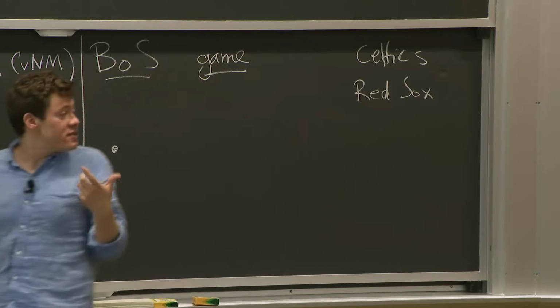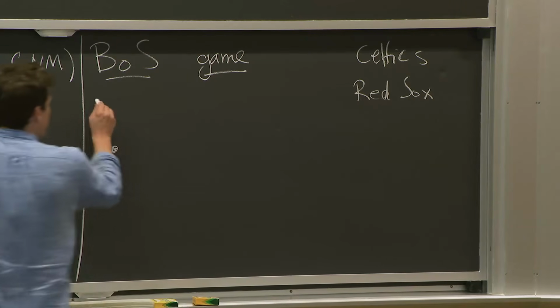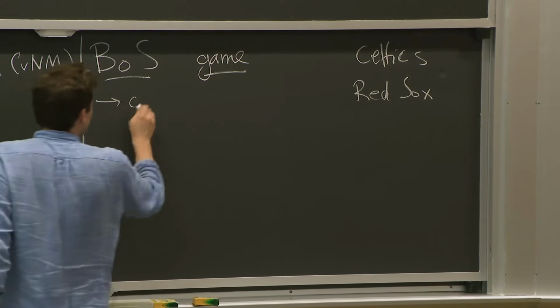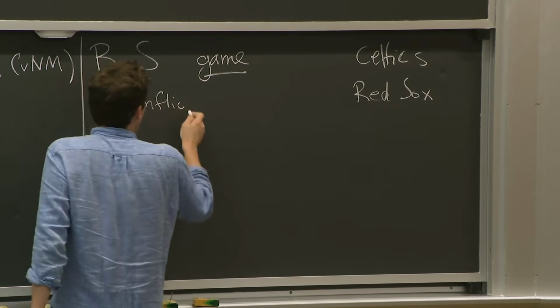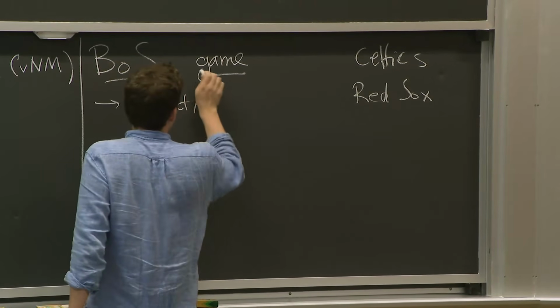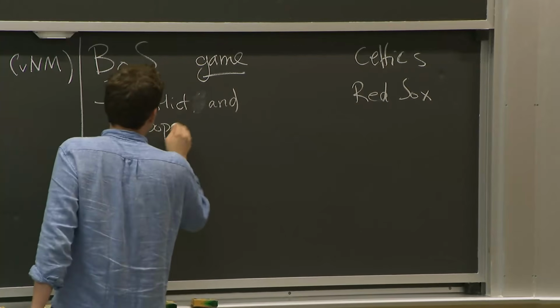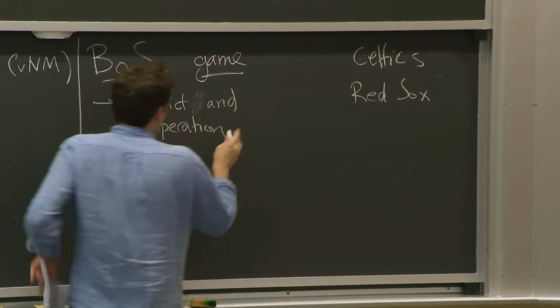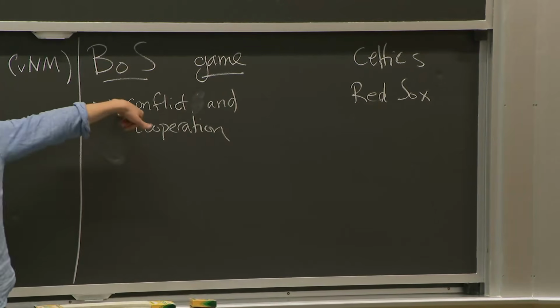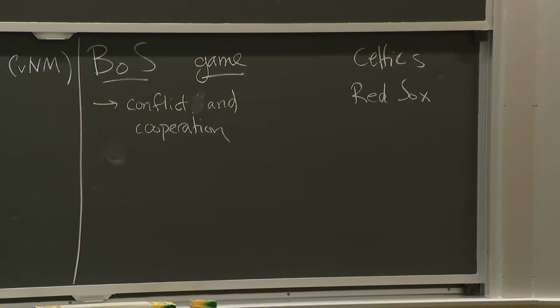So this is why I think this game is so important and why it's gotten a lot of attention: it features both conflict and cooperation. It has a conflict of interest because there's one player who'd like that you both go to the Celtics game, and there's the other player who'd like you both to go to the Red Sox game.